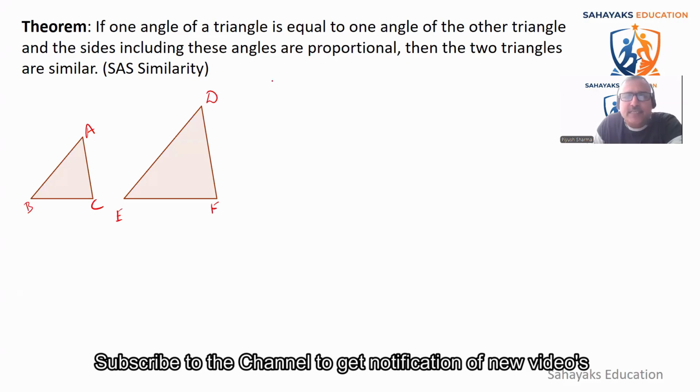Okay, first thing is, what is given to us? Given is angle A is equal to angle D. So one angle is equal, given. And AB by DE is equal to AC by DF. This is given to us, these two things.